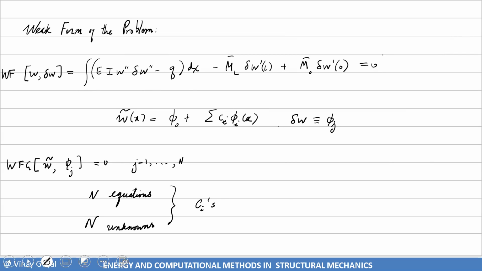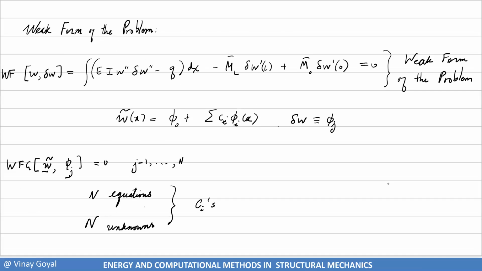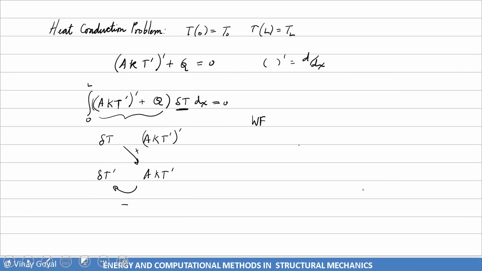This right here is the weak form of the problem. Well, this right here is a weak form Galerkin because I'm approximating the solution by plugging in those values. So I need to be careful, and I want you to also be careful with the way you use the language.